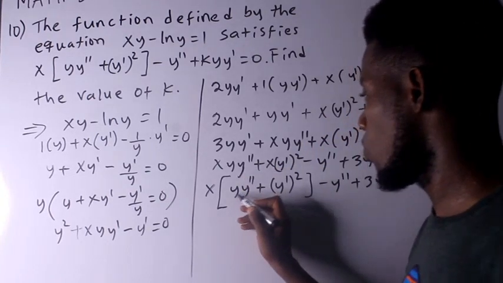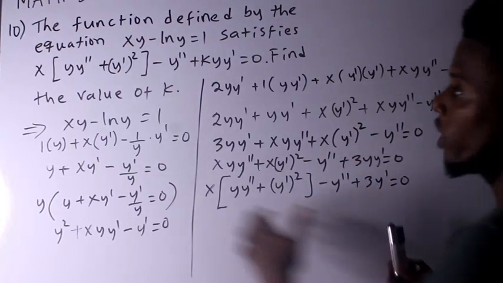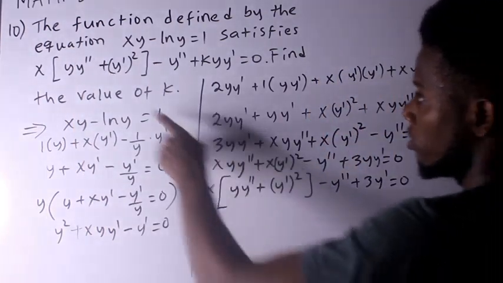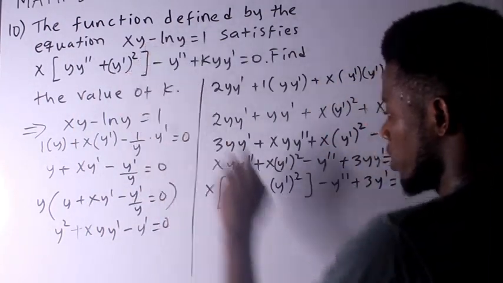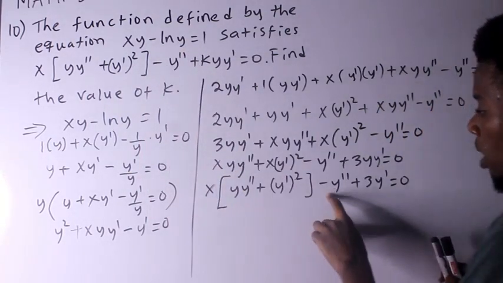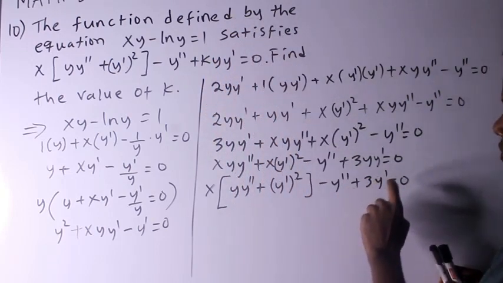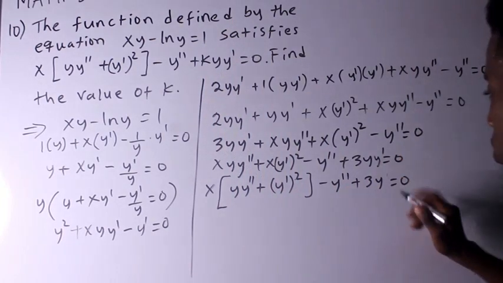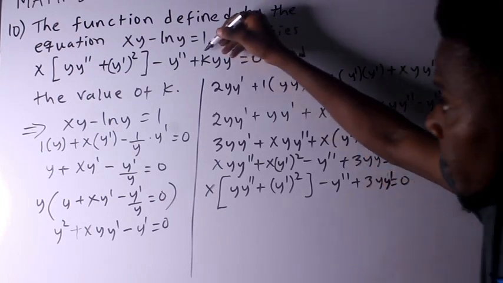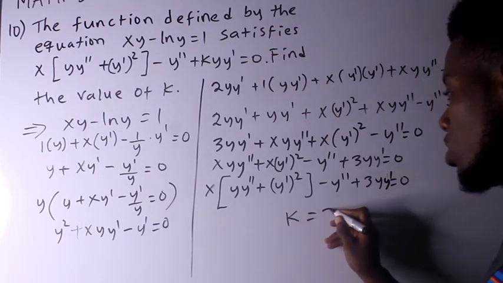So factor out an x, we have y prime prime plus y prime all square. Compare this with this. We are seeing an x, we are also seeing an x. y prime prime plus y prime all square, minus y prime prime plus k y prime. Oh, I'm always forgetting, plus 3y prime equals 0. So we compare, we see that k is equal to 3 because the rest of the other things are equal. Therefore k equals 3 if you compare.